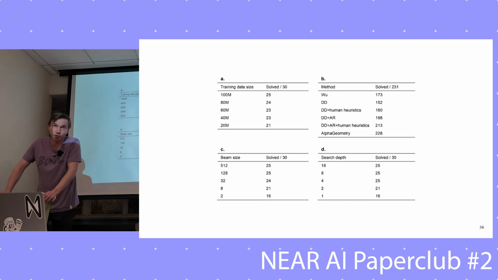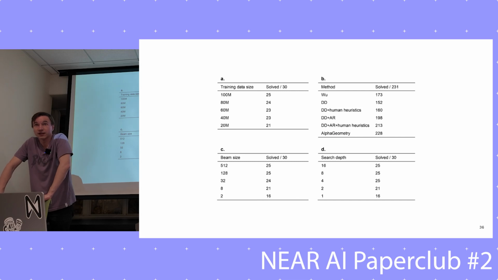But AlphaProof, unfortunately, is neither open source nor has a paper, so we only know basics, which are effectively that it's kind of similar. They're doing search in the space of Lean programs. But the dataset is not synthetic. The way they construct it is they get a very large number of existing math problems from Chinese Olympiads. There's 1 million problems that are transcribed into human language.